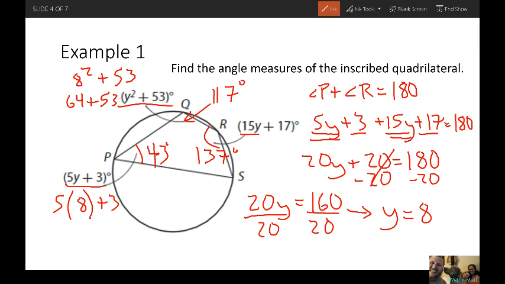Now, if that's 117 degrees, take 180, subtract 117, and you will find the angle measurement for angle S, which will be 63 degrees. And again, that's going off the same idea that two opposite angles of an inscribed quadrilateral add up to 180. They are supplementary angles.